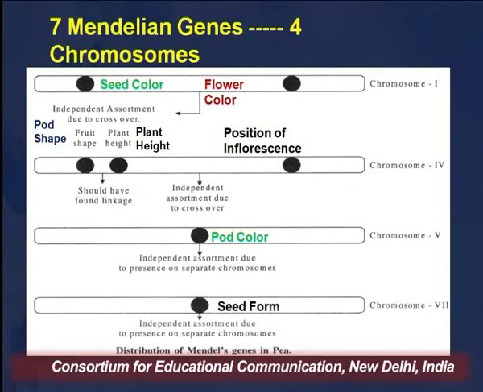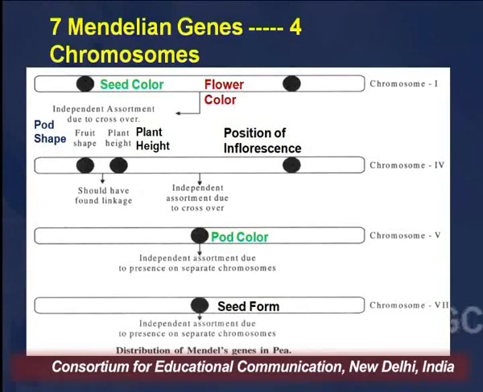It was much later that it was found that the 7 characters chosen by Mendel actually resided on 4 chromosomes, namely chromosome number 1, number 4, number 5 and number 7.